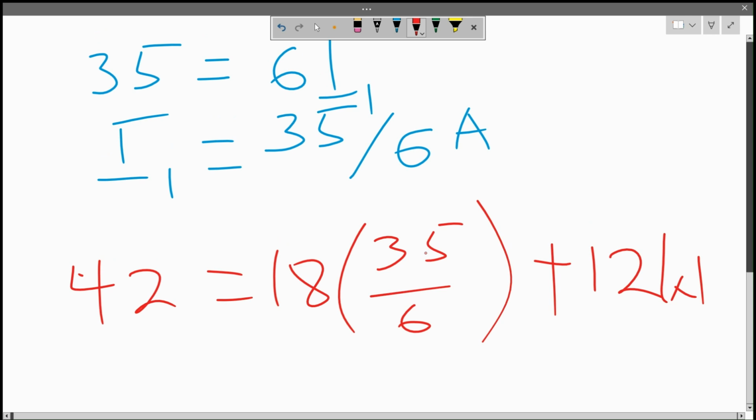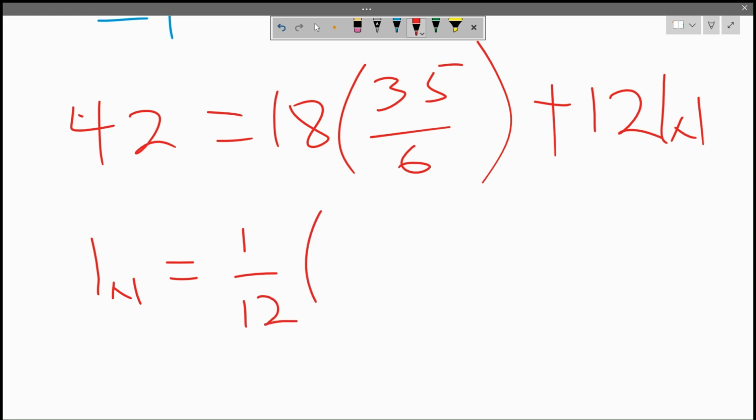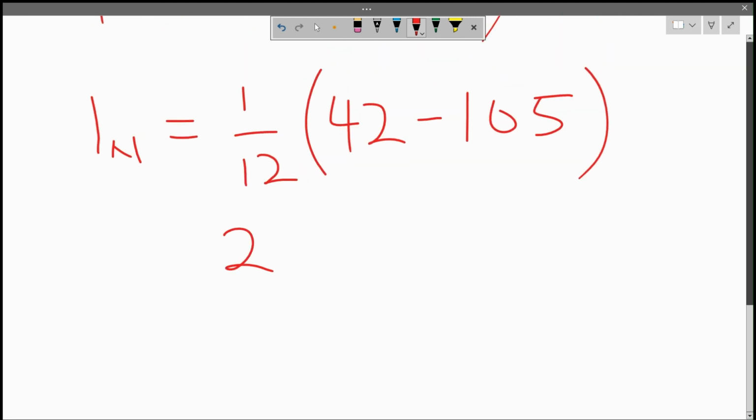So IN is now equal to 1 on 12 into bracket 42 minus 105, which is going to give us minus 21 on 4 amperes.